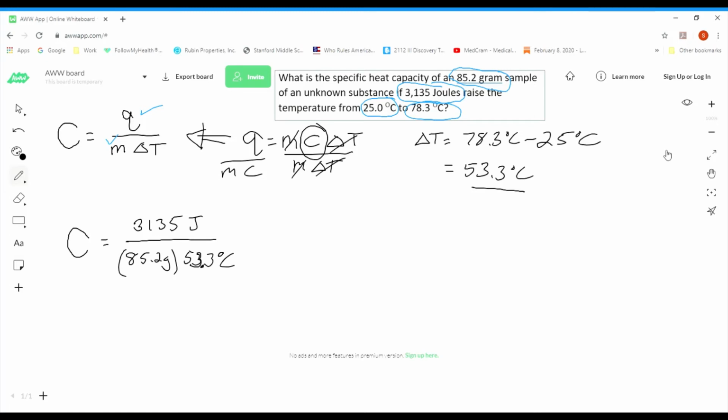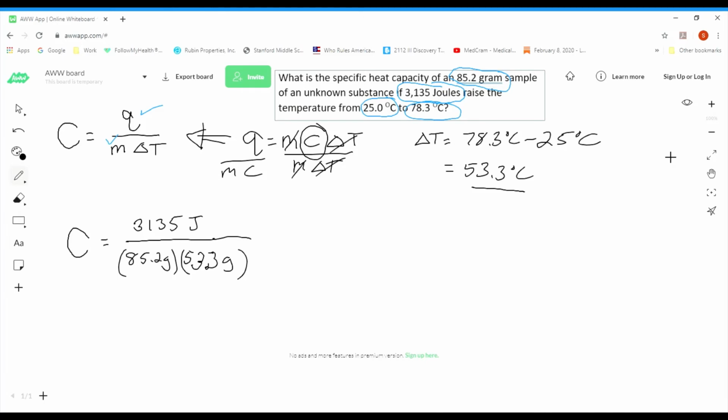I didn't like how that looked, so let me clean that up. All right, I'm going to take 3135 joules divided by 85.2 grams and divide it again by 53.3.